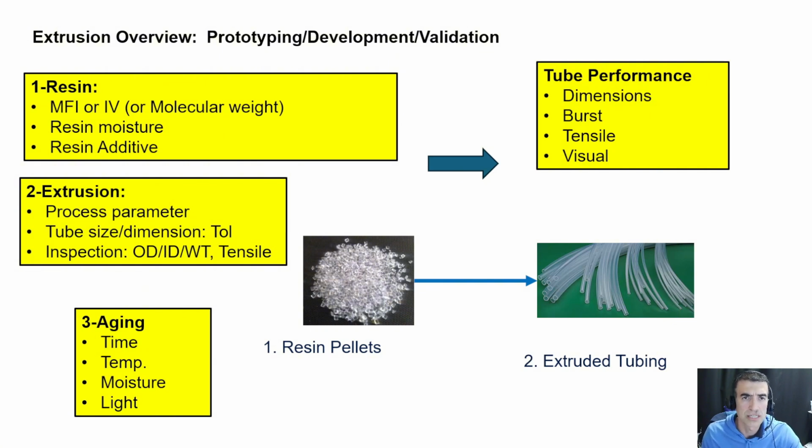When that part is shipped, what dimensions are the deliverable from the tube, the burst, the tensile, and the visual that you expect. So this is kind of an overview of the extrusion, and that will help in how to validate the process. When you do validation or DOE, how do you capture your factors that are determining the final properties.